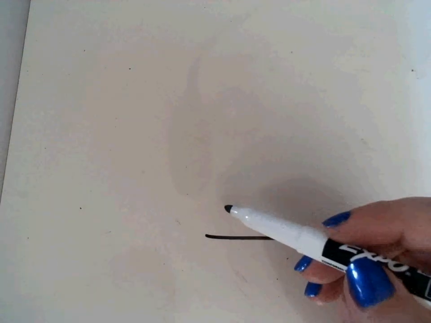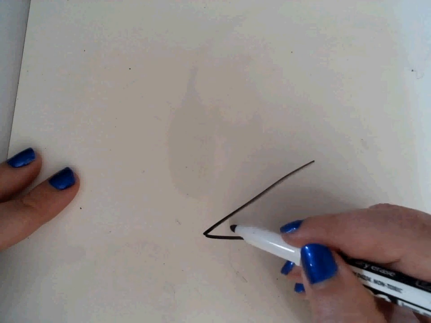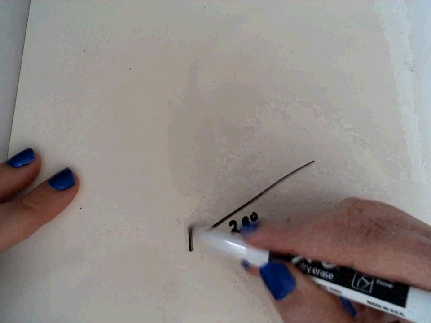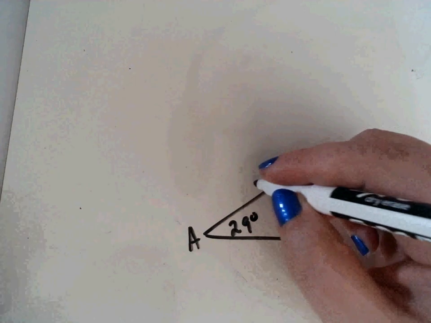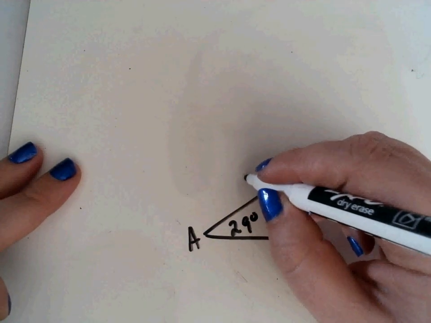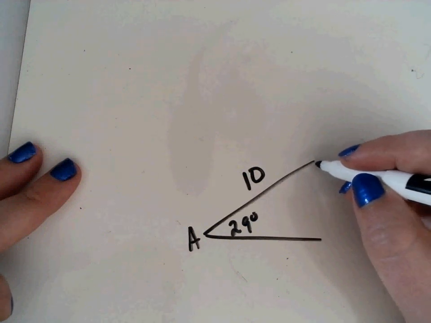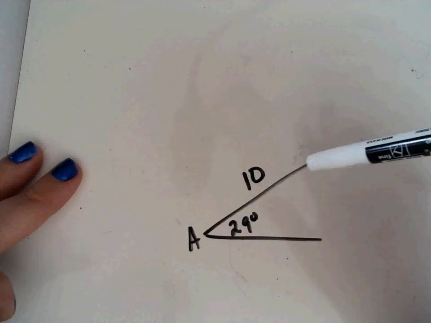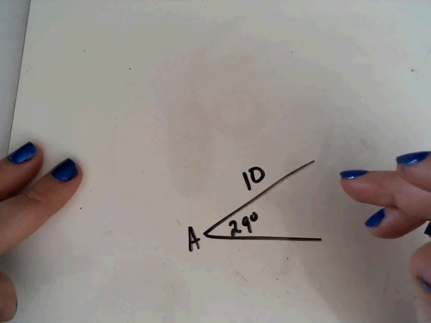And say I tell you that I have, what if I tell you that you have like a 29-degree angle, and I tell you that that's angle A, and then I tell you that this side length is 10, and this side length is, well, I guess I can't really say that you have a smaller one without giving it all to you. I can give it all to you though.